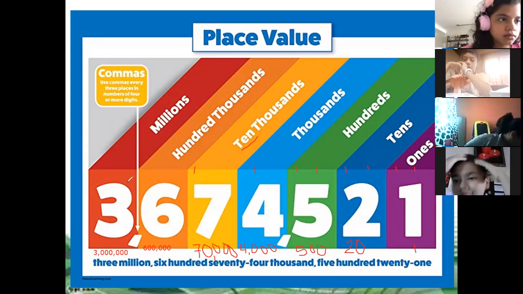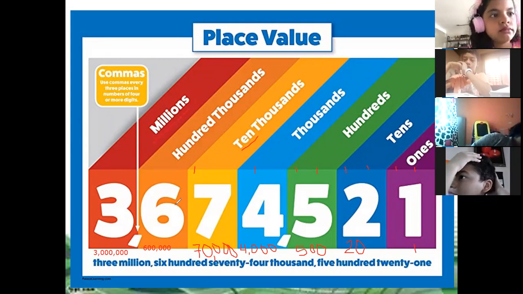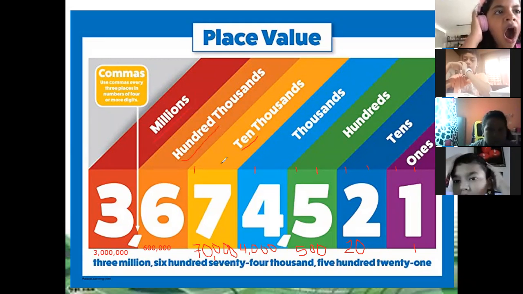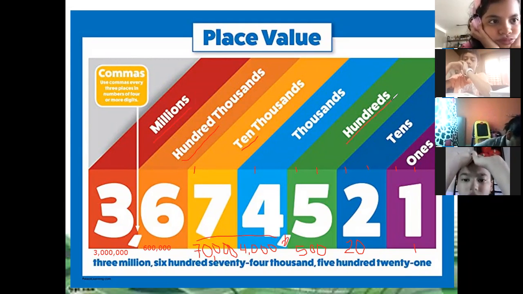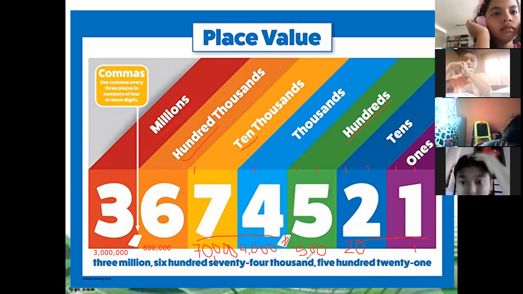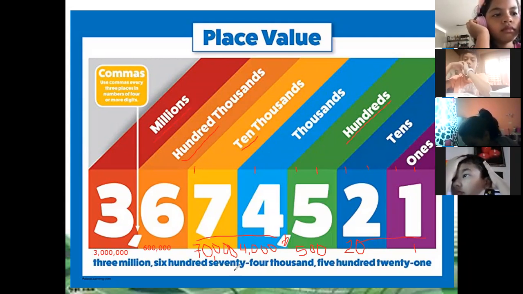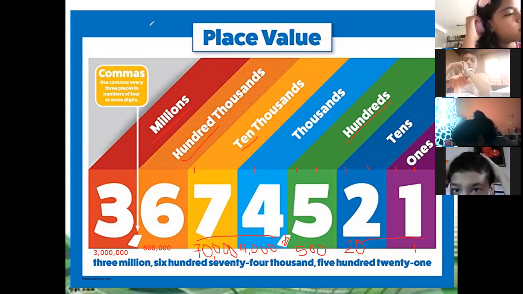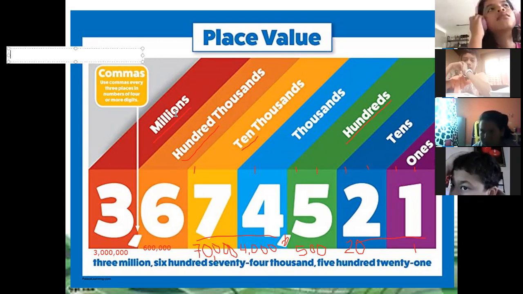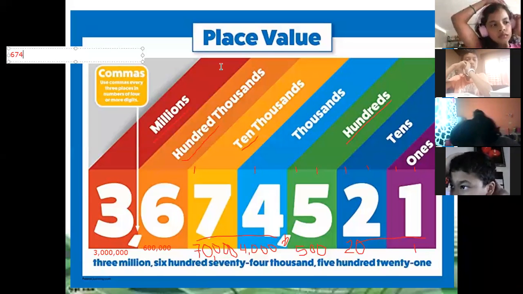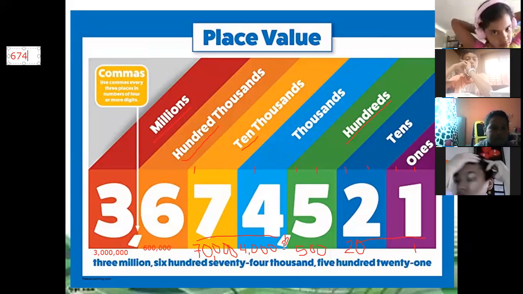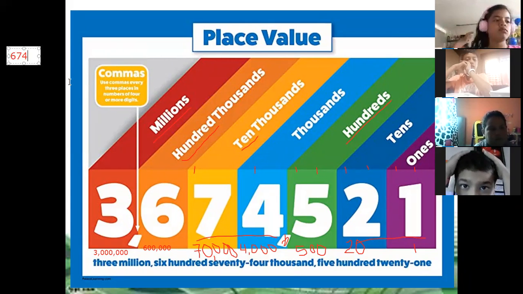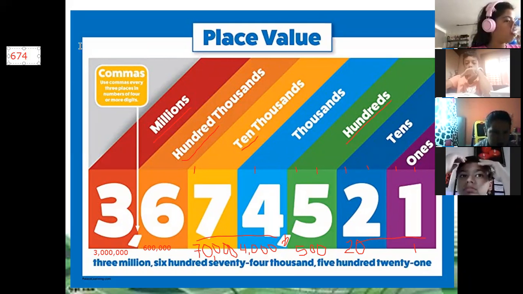So how do we read this number? 3,674,521. You're going to read the numbers in groups of 3, en grupos de 3. For example, you have 674. You read this number 674, but then it has a comma, so you have to add the word thousand: 674,000.